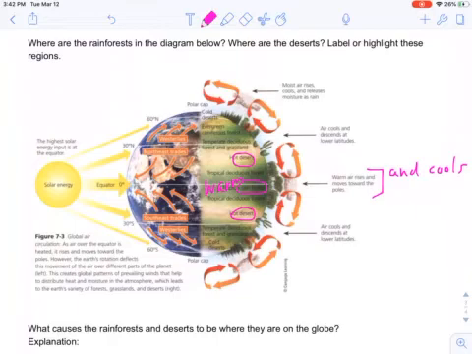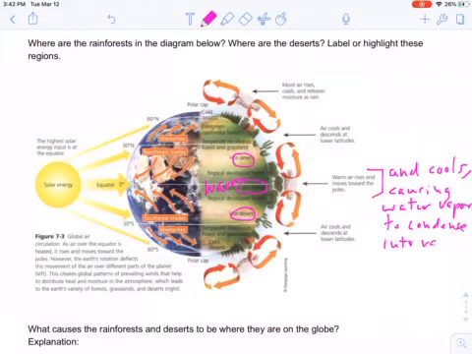That water vapor condenses into little droplets of liquid, which comes down as rain. So it cools, causing the water vapor to condense into rain. And we can also say the word rain droplets if you want.